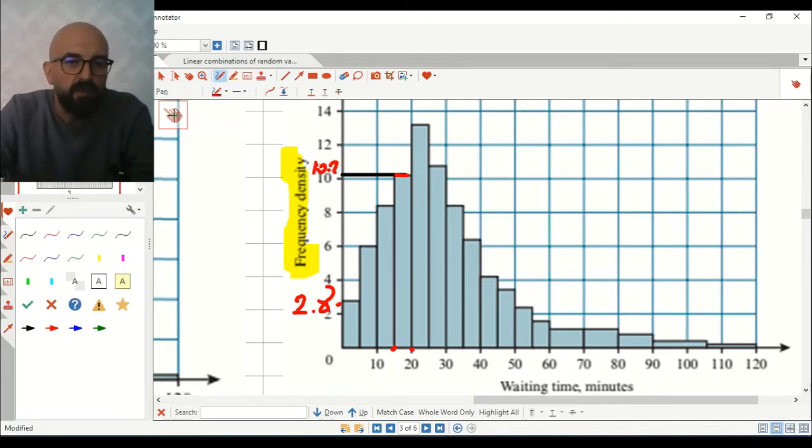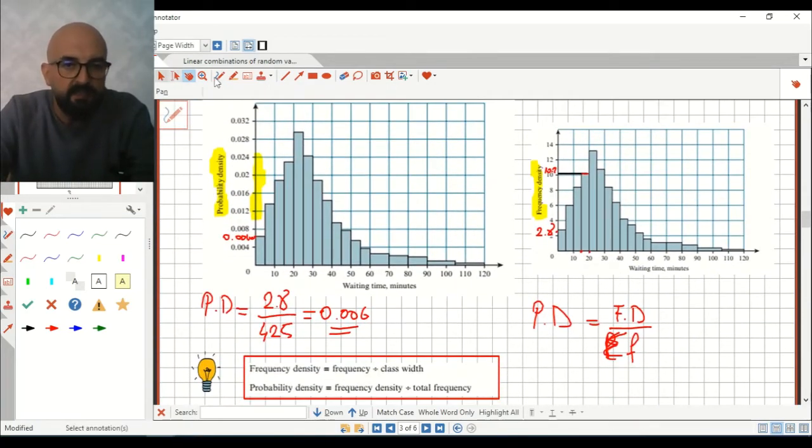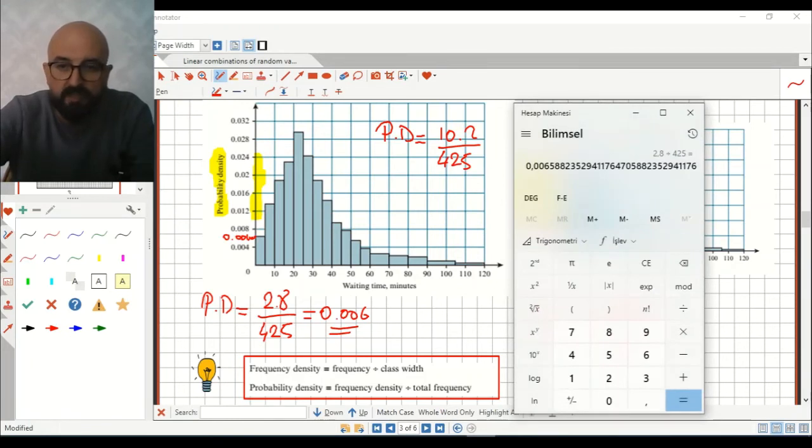So if we want to find the probability density, I should follow this process. Probability density is frequency density, which is 10.2, over the total frequency. As you remember, we have 425 patients, so 10.2 over 425, our probability density is 0.024.